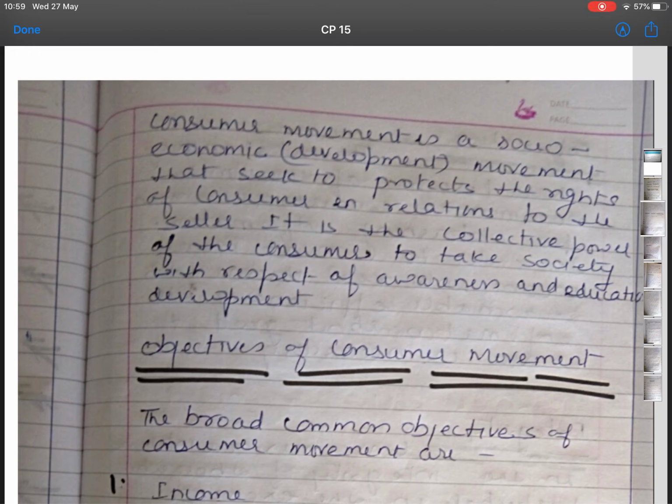Consumer movement is a socio-economic movement that seeks to protect the rights of consumers in relation to sellers. It is the collective power of the consumers to take a society forward with respect to awareness and educational development.